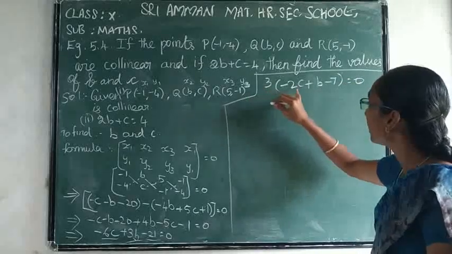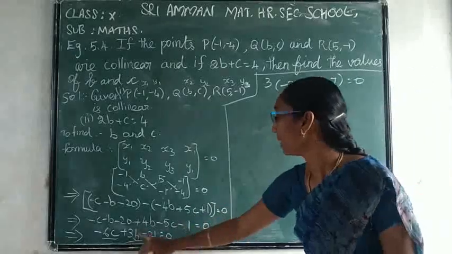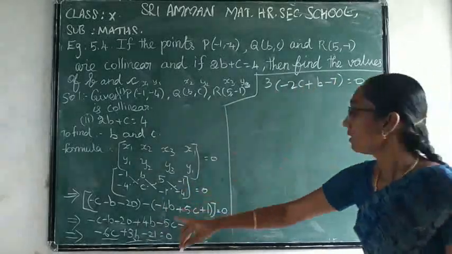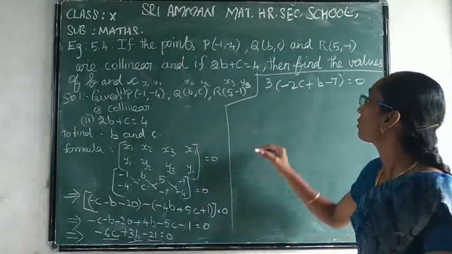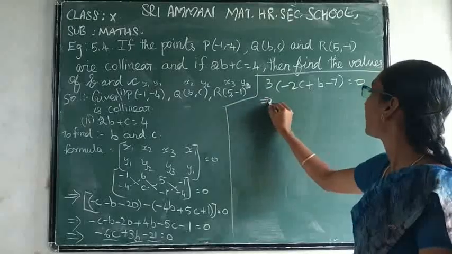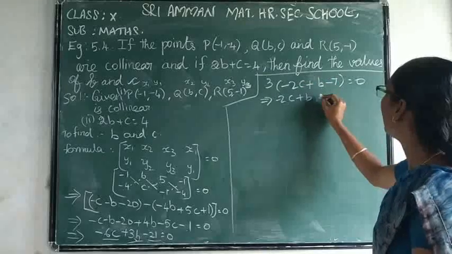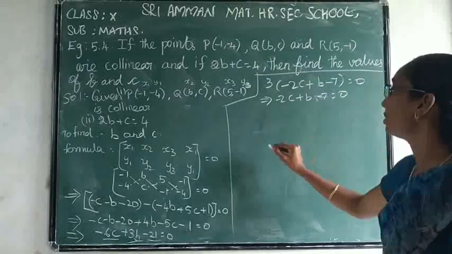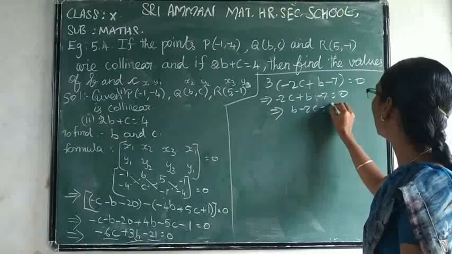Now 3 into minus 2c is minus 6c, 3 into b is 3b, 3 into minus 7 is minus 21, equal to 0. Taking 3 to this side, you get 0. So minus 2c plus b minus 7 equal to 0, which implies b minus 2c equal to 7.